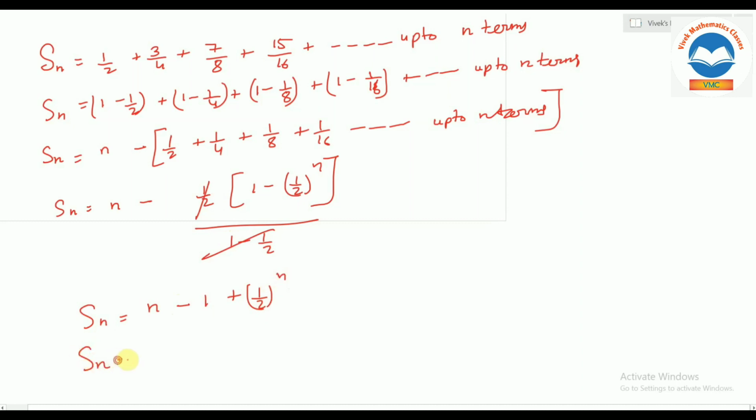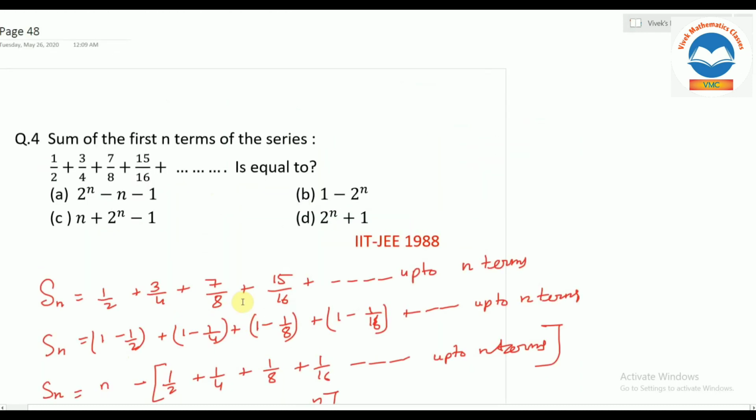So this Sn we can write as n minus 1 plus 2 to the power minus n. This will be our answer. There is a mistake in this, minus n should be there. This will be our answer. Printing mistake.